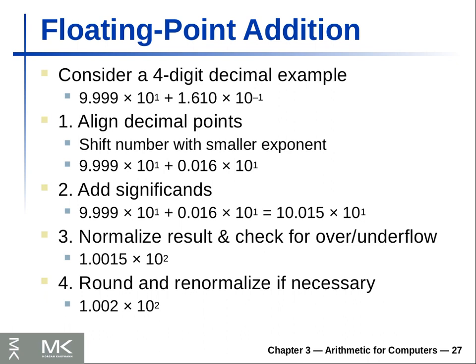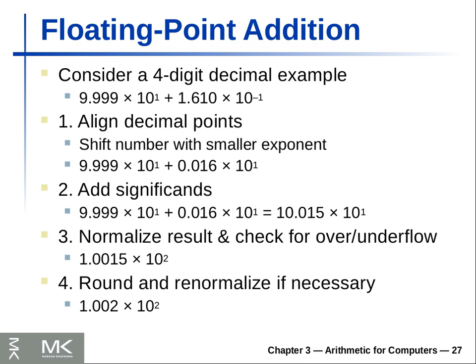You want to make everything equivalent to whatever the largest exponent is. Then you add the significands. You're writing the hardware now, so you have to figure out how the hardware does this. You add it, you realize, oh wait, that's not a normalized form. You have to renormalize it.